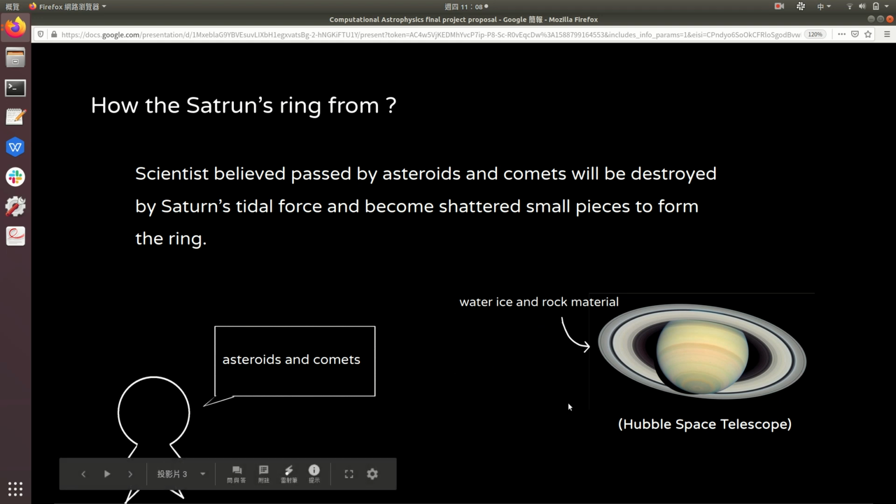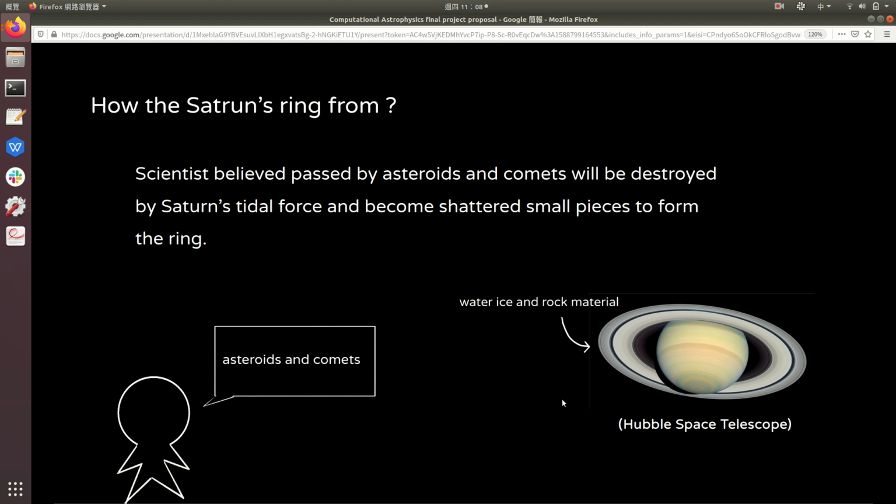This is the image of Saturn taken by the Hubble Space Telescope, and the composition of the ring is mostly water ice and rock materials. Although there are several different hypotheses about how the ring formed, the answer is still not confirmed yet.